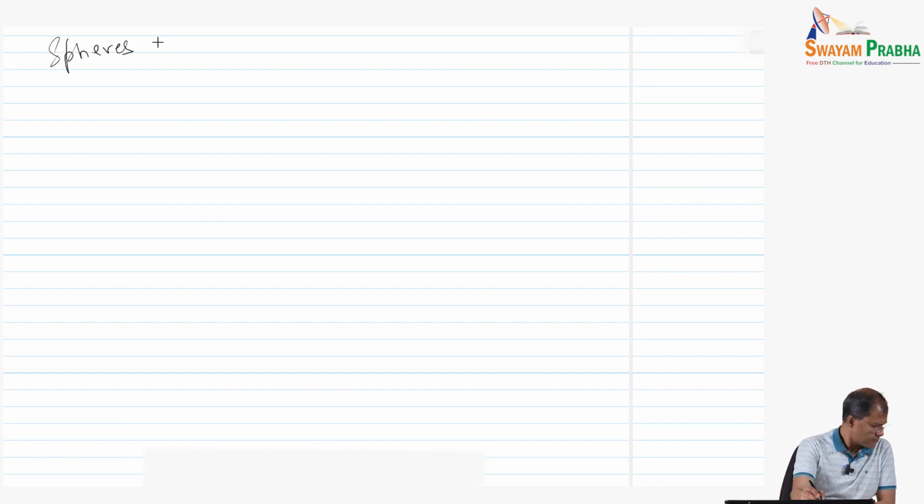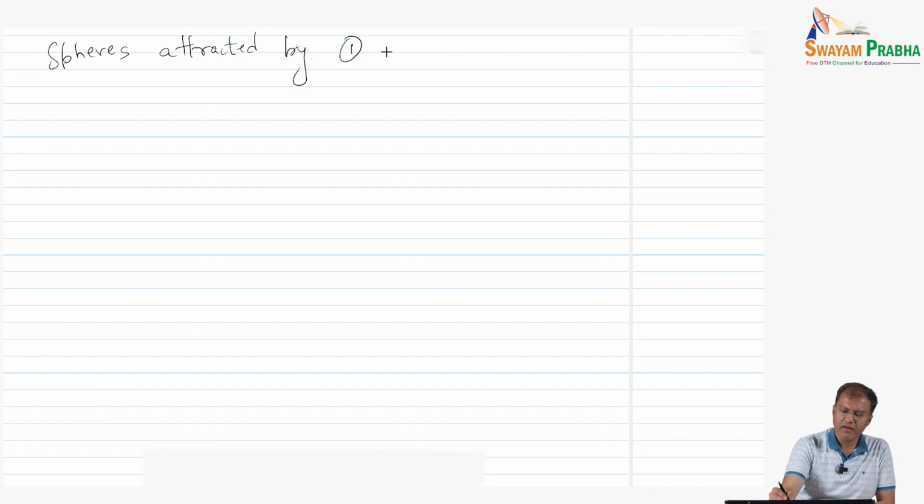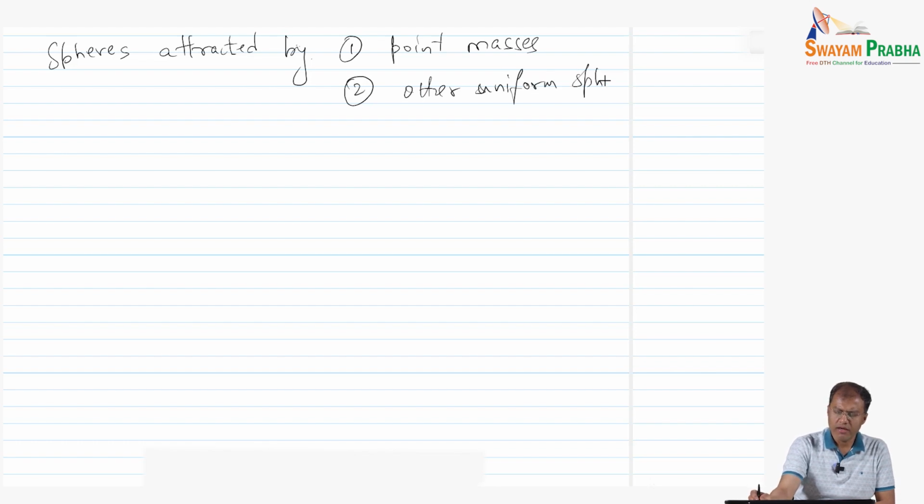Spheres attracted by other spheres. The statement I am trying to make is that spheres attracted either by point masses, that is the example that I just saw, or by other uniform spheres, everything is uniform here, right? So I should also add the word uniform here.